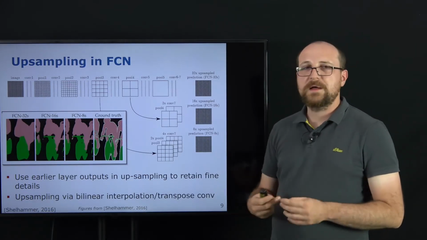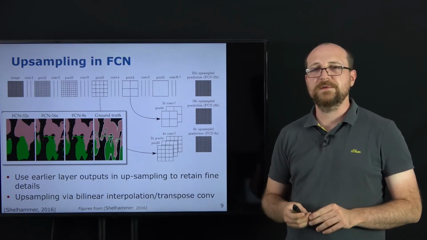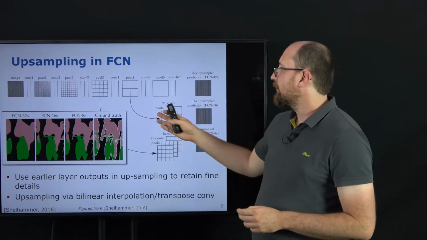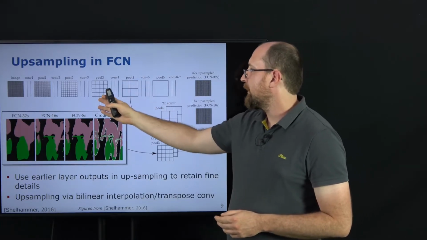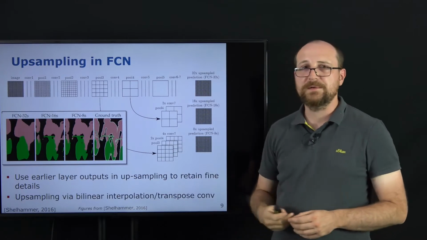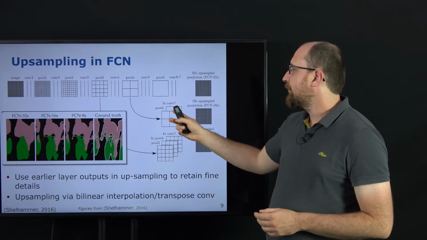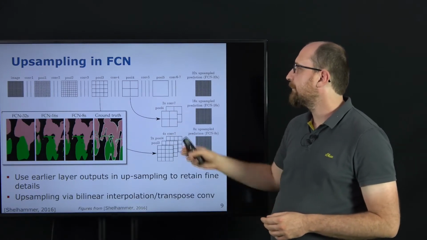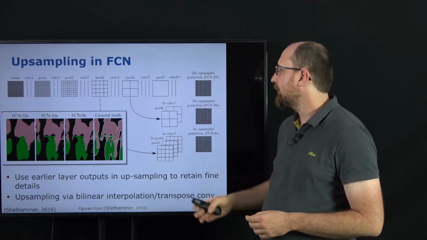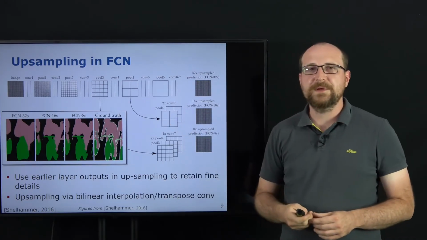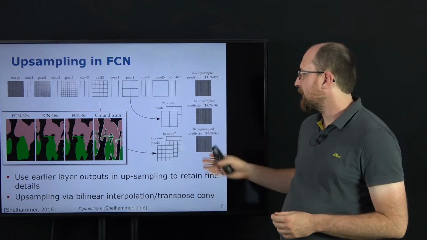And the FCN now proposed different ways to get more fine-grained results by also taking into account the feature maps from earlier layers, and then doing the upsampling and the convolutions there. So upsampling only the convolutions 2 times, and then combining this with the features from the earlier pooling layers or from the downsampled feature maps, and then doing only an upsampling with much smaller upsampling rates, like 16 or 8 times upsampling.